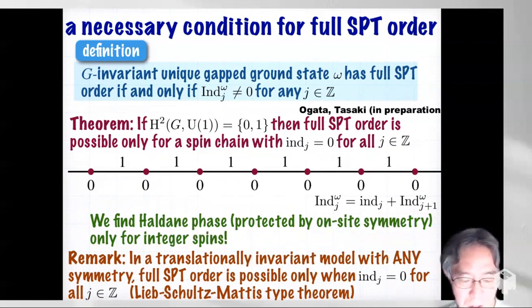Here's a remark. We didn't assume any translation invariance here, but if you further assume translation invariance, then we can treat any symmetry and we get the same conclusion. You can say that this is a kind of Lieb-Schultz-Mattis type theorem, if you know what this is.